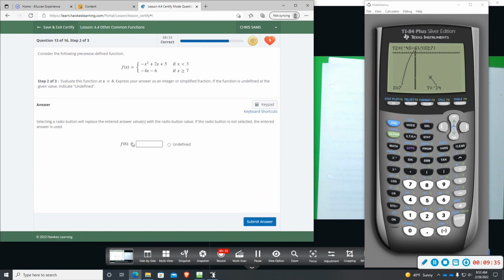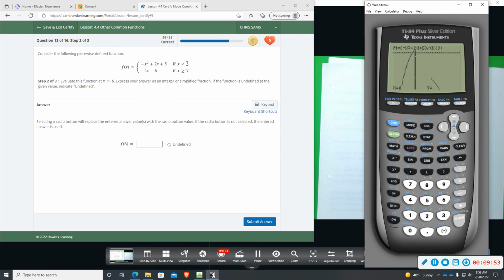Now we want to do 6. This one is greater than 7, so 6 is going to be on the first one. You see my cursor is on Y2. I just need to arrow up so that I'm on Y1. If I hit 6 and then enter, it's not showing me.